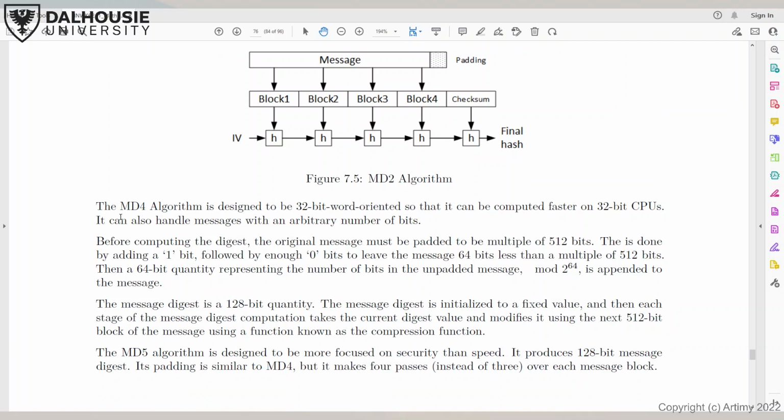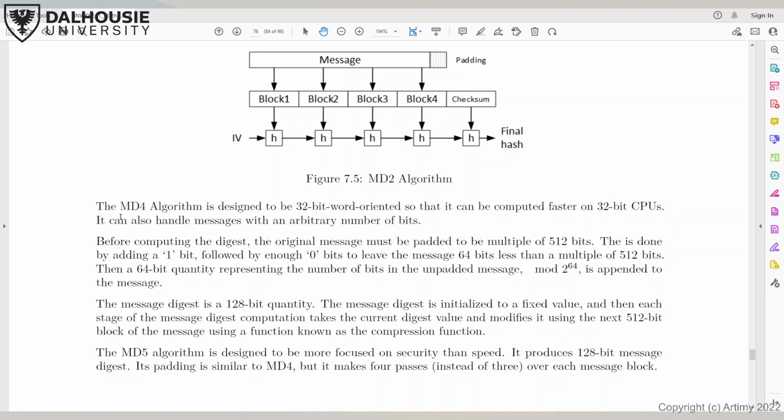MD4 came later, when the CPUs were more advanced and could handle 32-bit words instead of 16-bit. So it is more 32-bit word oriented rather than 16-bit.